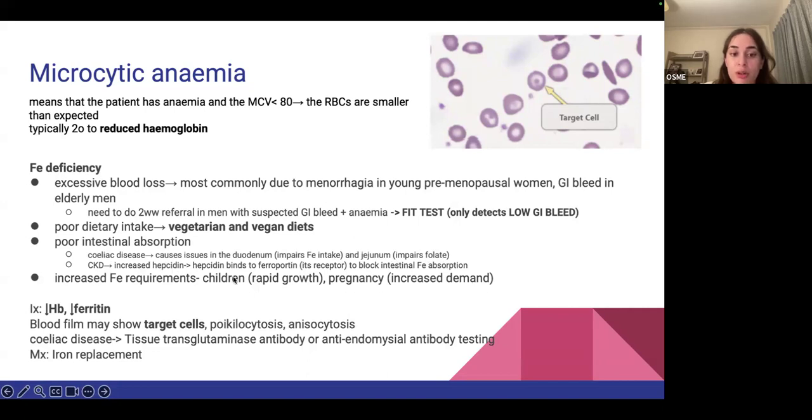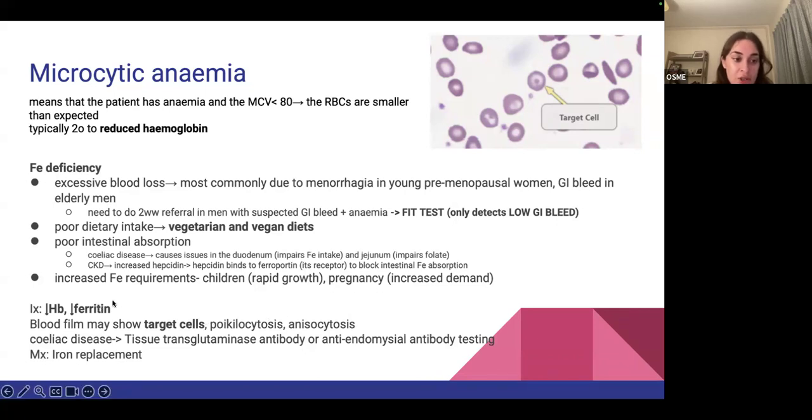So it blocks the iron uptake transporter within the intestine. Or, less commonly put in exam questions, if there's increased iron requirements. So if it's a child with anemia, or if a woman's pregnant, just because there's increased demand of iron and blood, there might be a macrocytic anemia.